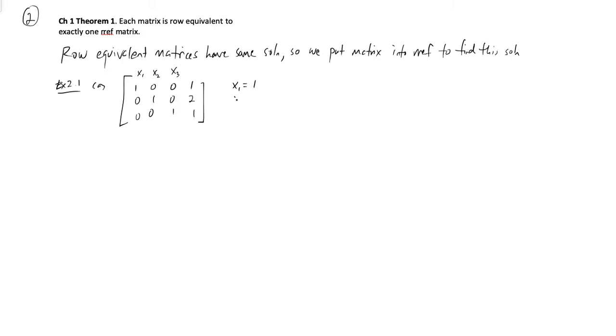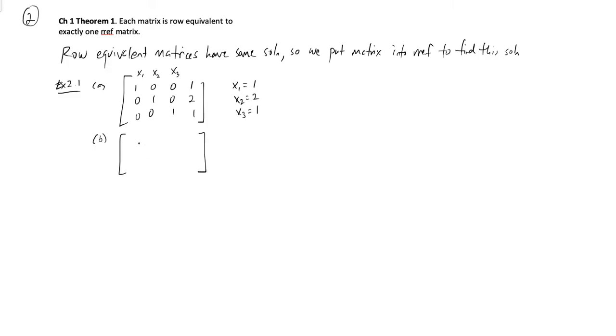So we'll have x1 equals 1, x2 equals 2, and x3 equals 1. So if we get a matrix in reduced echelon form and it has this nice diagonal of 1s, then we just read off the right hand side and that's the solution set. That's the most simple kind of solution.